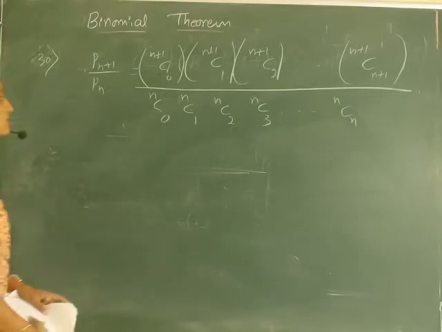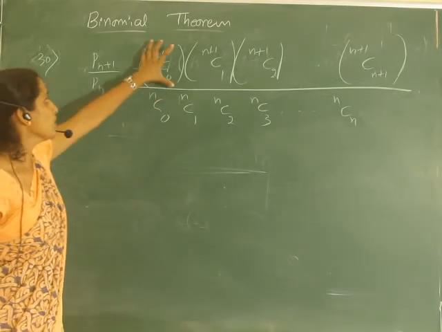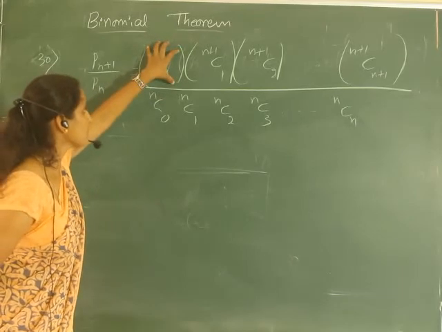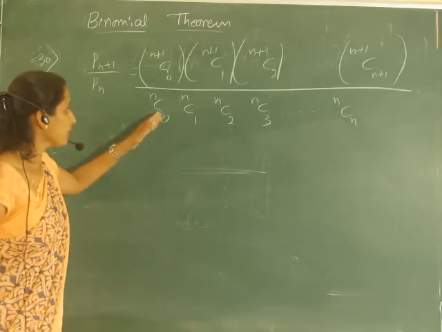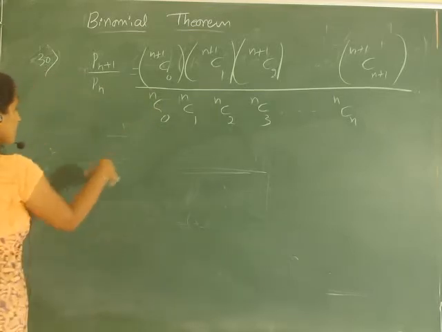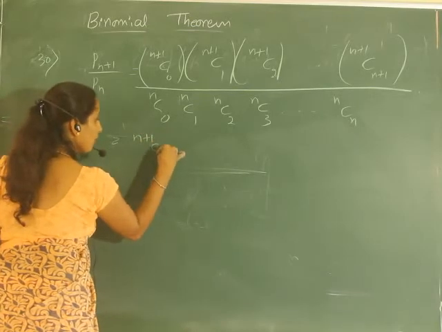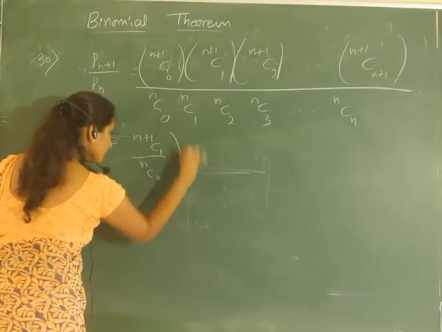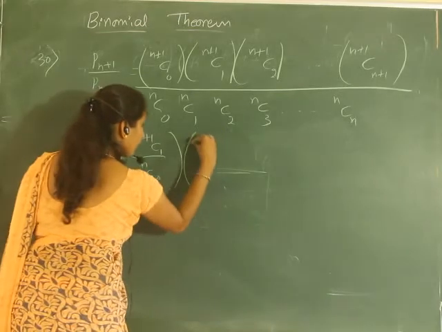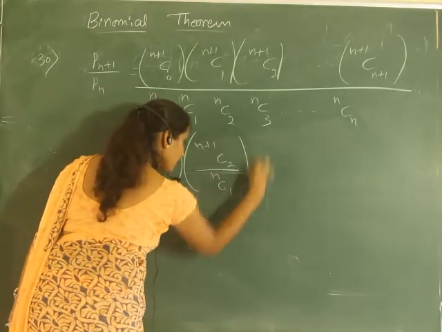So we know that nc0 value is 1 and n plus 1 c0 value is also 1. So I'll write n plus 1 c0 value as 1 and write the remaining terms as n plus 1 c1 divided by nc0, n plus 1 c2 divided by nc1.